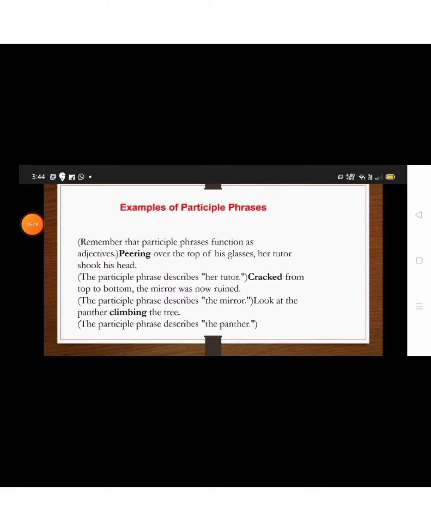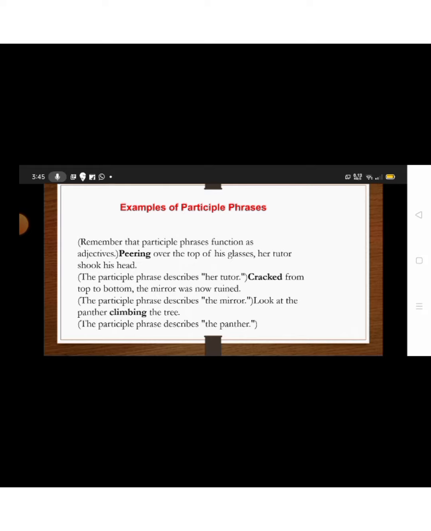Here are examples of participle phrases. See, participle phrases all function as adjectives. Here the examples are: peering over the top of his glasses, her tutor shook his head. So here the participle phrase peering is describing her tutor. Second one, cracked from top to bottom, the mirror was now ruined.